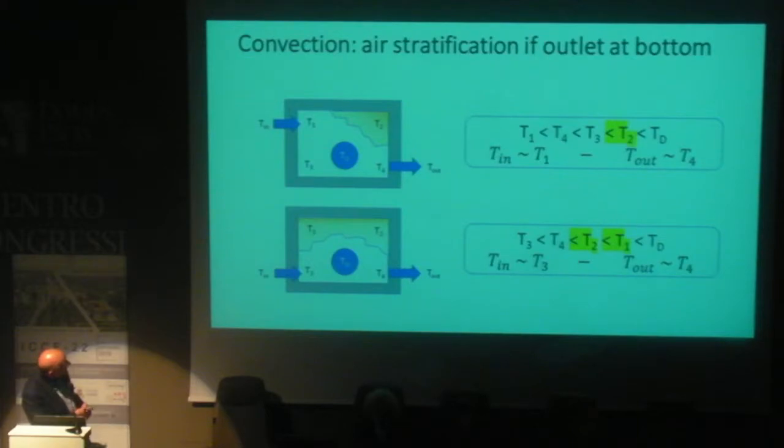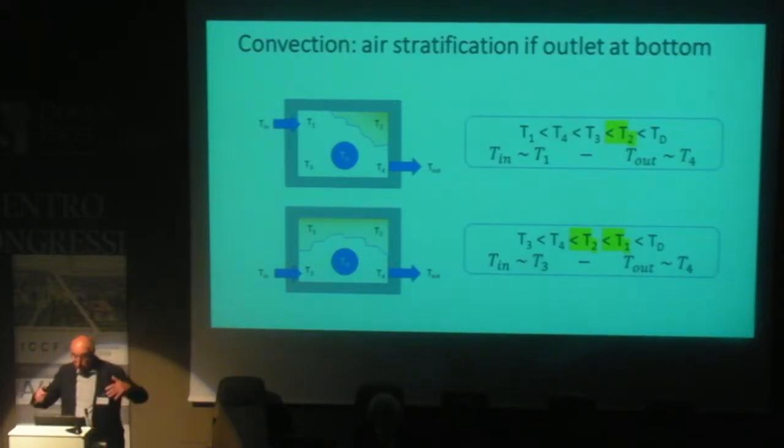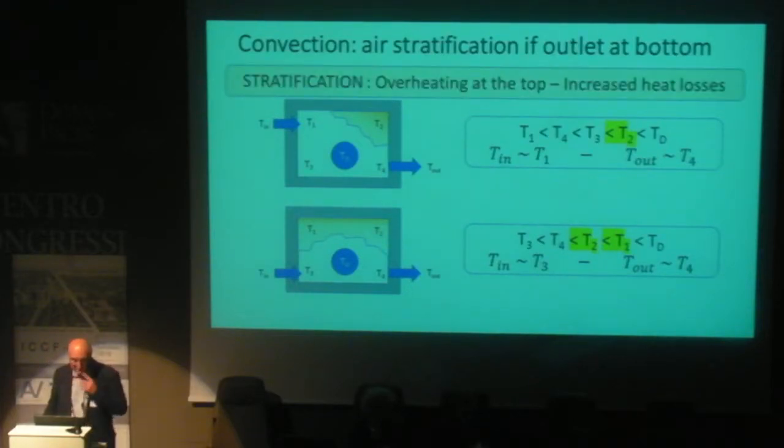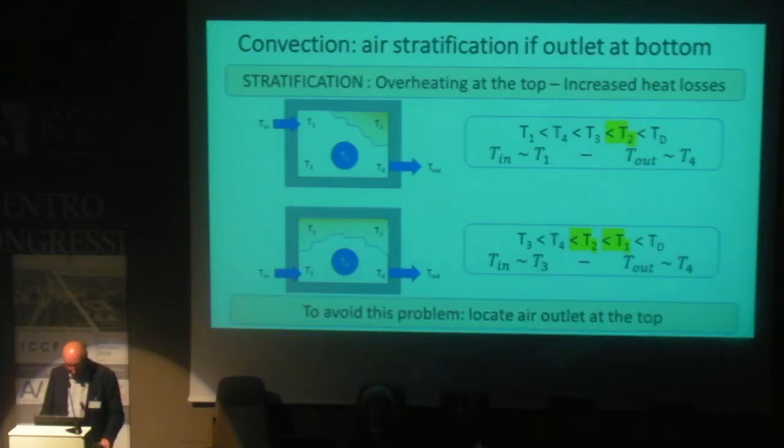It means higher than this outlet temperature. T2 is higher than the outlet temperature. So it means that you are going to increase the losses by thermal conduction through this insulating wall. So you are going to get some stratification and increase heat losses. And to avoid this problem is simple. You should locate the air outlet at the top.